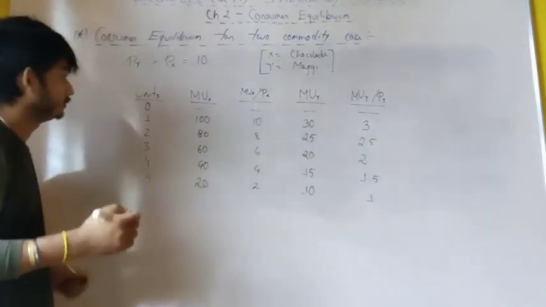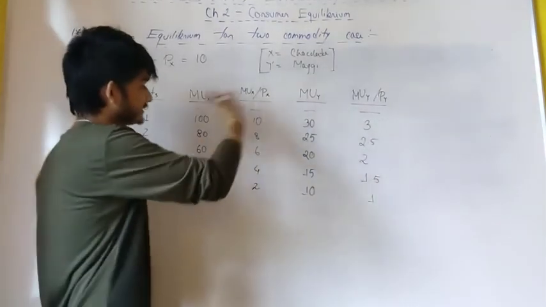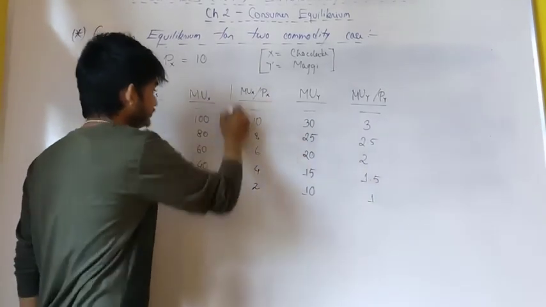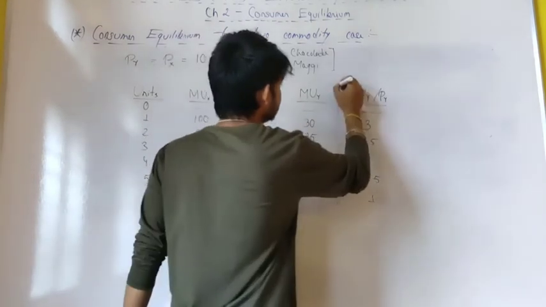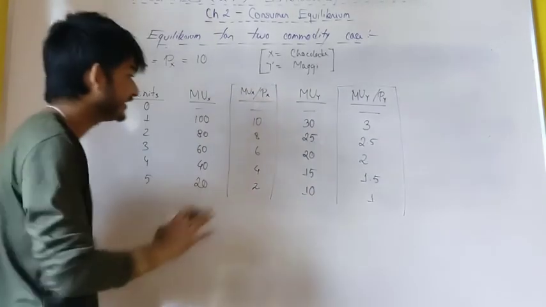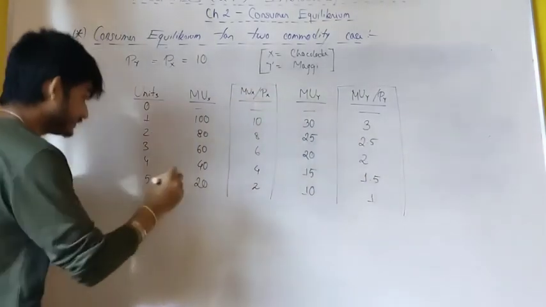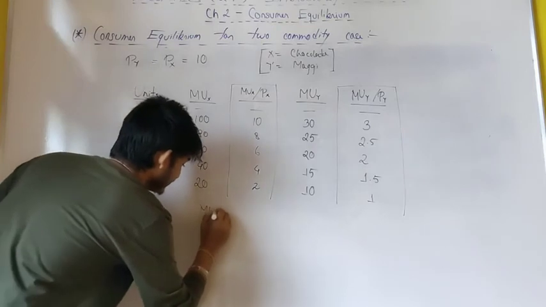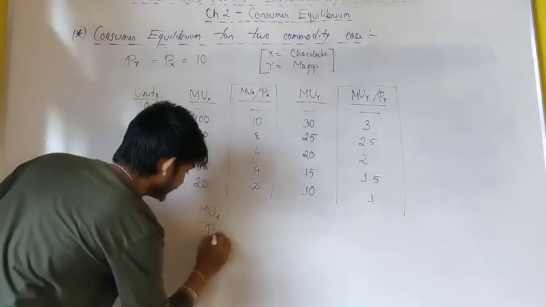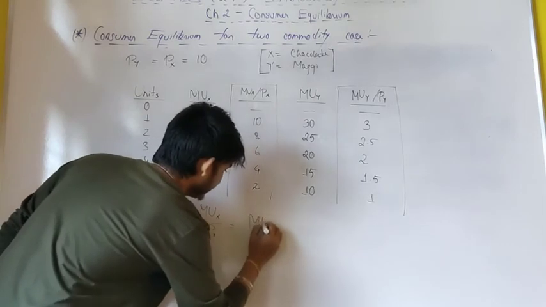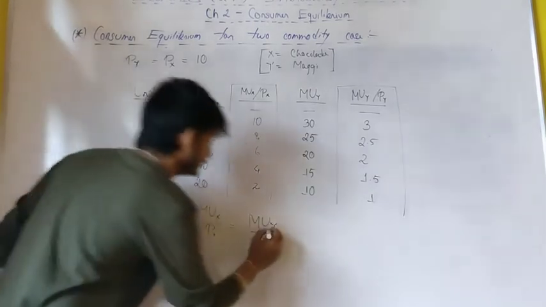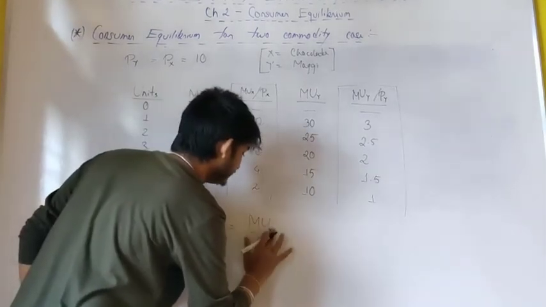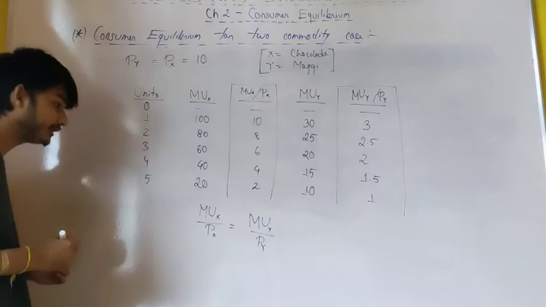Now if we look at this table, this portion and this portion only, if we compare these two, we will find there is one similarity: there is one point where MUX divided by price of X is also equal to MUY divided by price of Y. The ratio of marginal utility to the prices of goods consumed for all the commodities are equal.